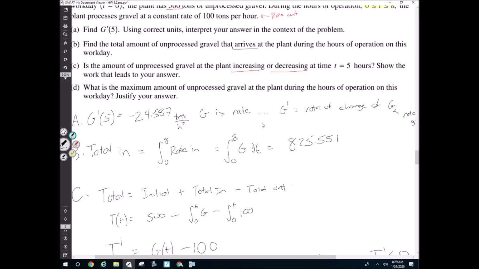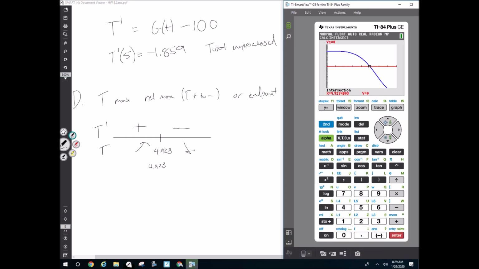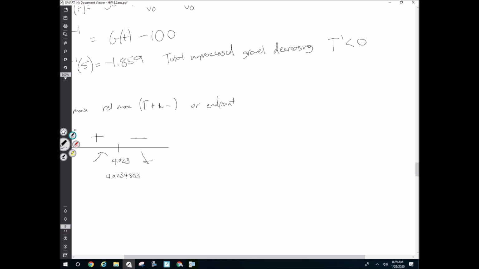Let's see, do they ask to find? They want to find the maximum amount. Okay, so I need the entire decimal because I'm going to use it. 4.923, 4803. I know that's a max. I'll justify it in a second.